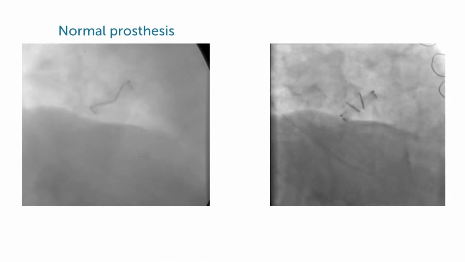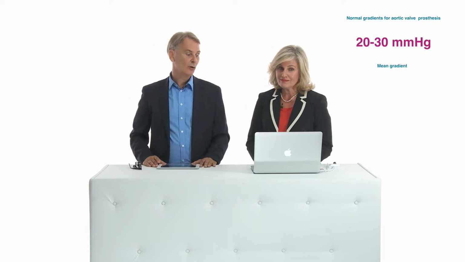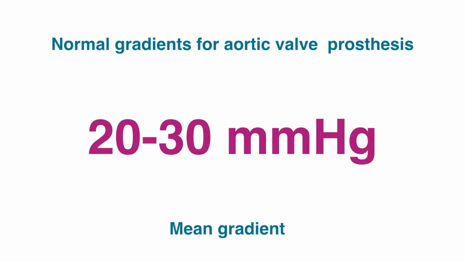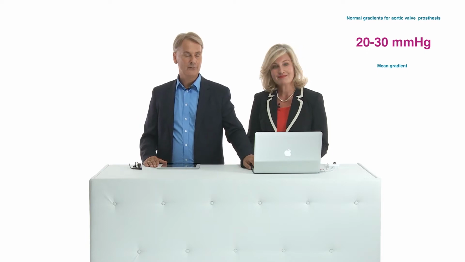On the left-hand side, fluoroscopy of a normal bileaflet valve, and on the right, where one cusp or one disc is actually stuck. But what are the normal gradients of an aortic valve prosthesis? Well, usually the normal gradients are about 20 to 35 millimeters of mercury, depending on the size and the model of the prosthesis. Okay, now let's see some examples of prosthetic valve obstruction.